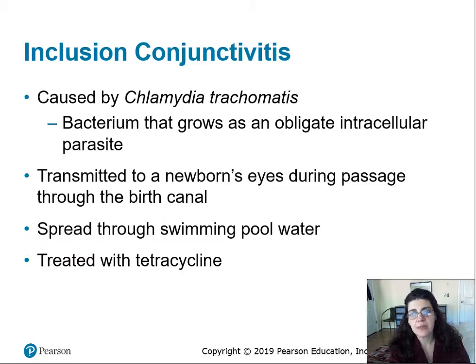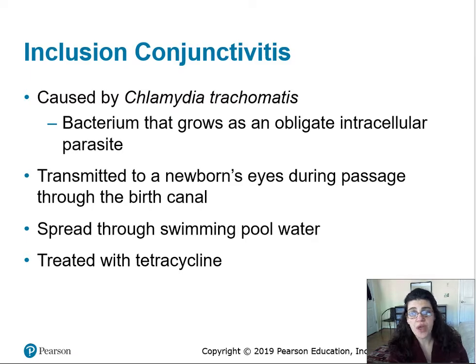So remember, chlamydia is an obligate intracellular parasite. It is transmitted to newborn eyes also through the birth canal. But sometimes they can have different strains. If you see an adult with Chlamydia trachomatis, it could be a different type of microbe or another strain of chlamydia. Same species, different strain.